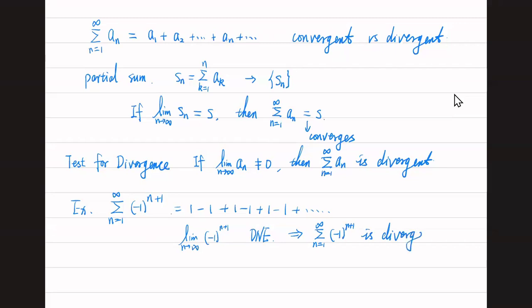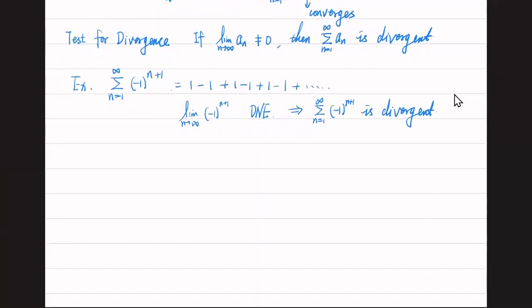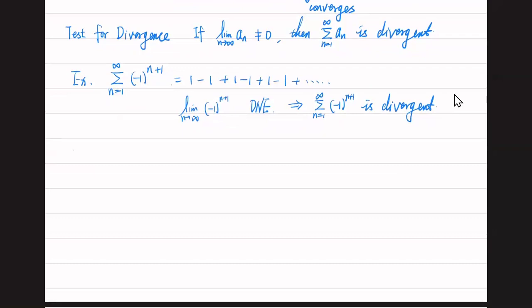But sometimes this test is not good enough. It cannot tell if the series is convergent or divergent. We have this series. This one we know the limit is 0, but we also checked it's divergent.